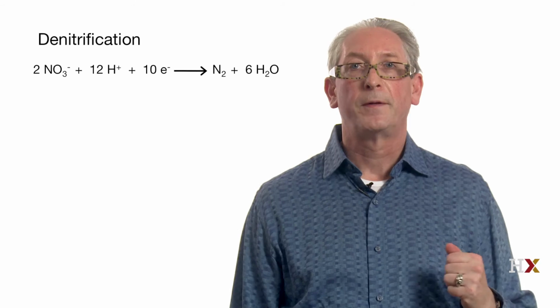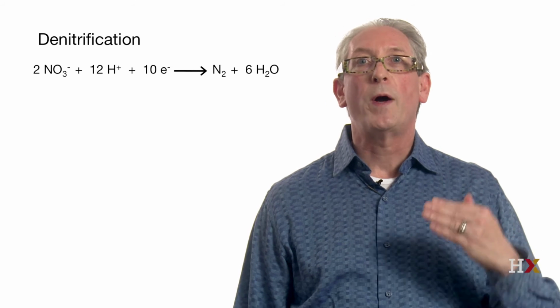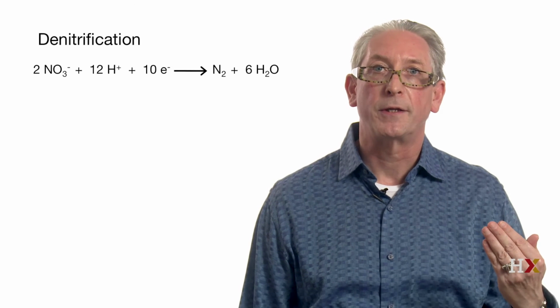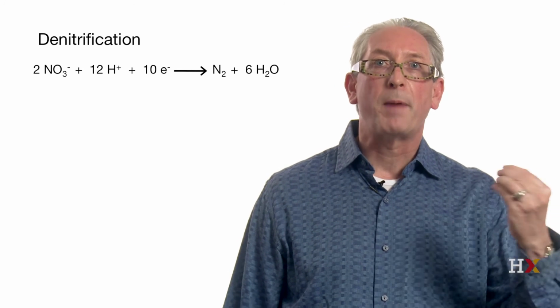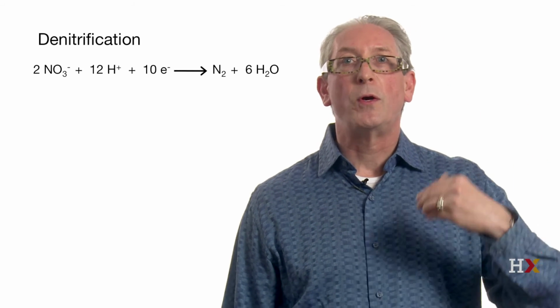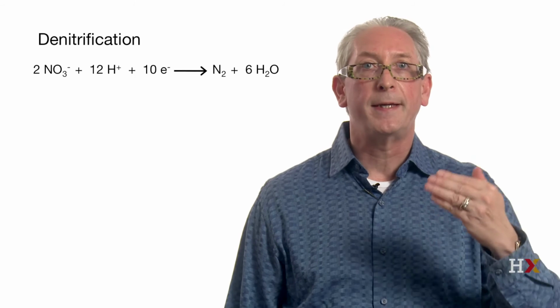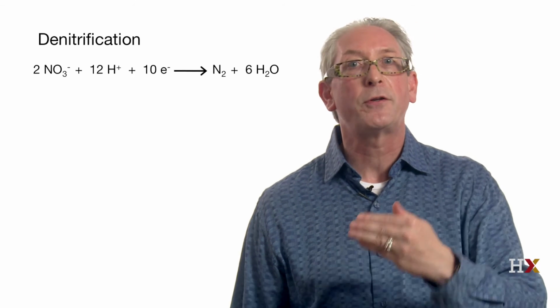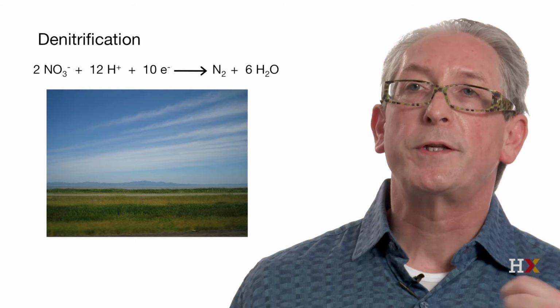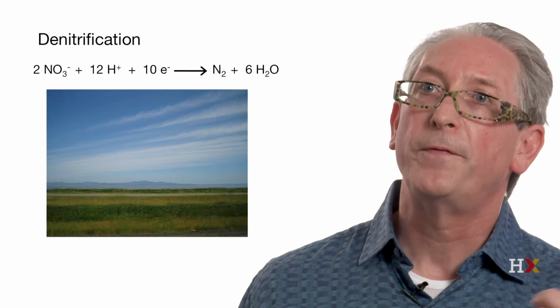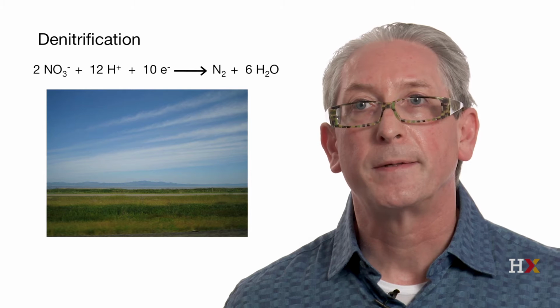So what is the impact of these denitrifiers? First, we have to define the denitrification reaction. This reaction is the process by which nitrate will react with protons and electrons to produce dinitrogen. Microbial denitrification results in a loss of nitrate in farmlands.